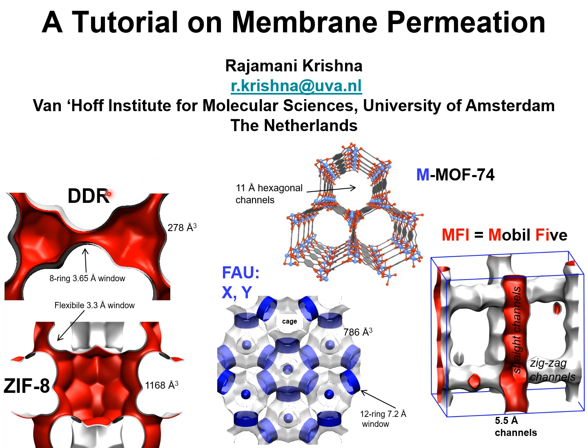let us look at DDR, that consists of cages of 278 cubic angstrom separated by 8 ring windows whose aperture is about 3.65 angstrom.